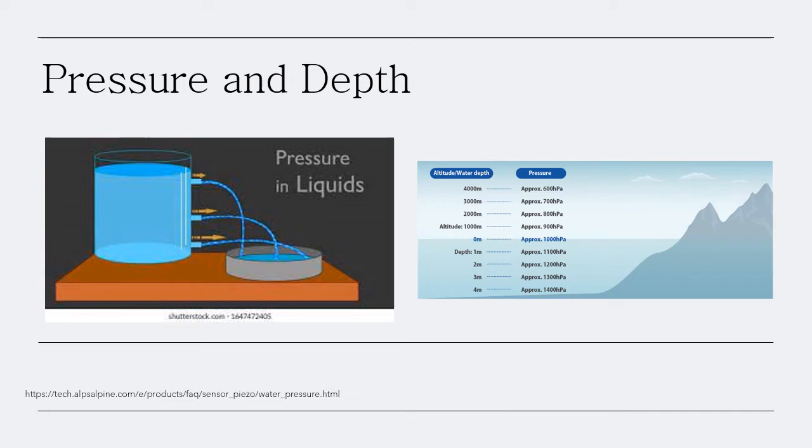If we are dealing with liquids and gases, then we can say here that pressure increases with depth. Pressure increases with depth.